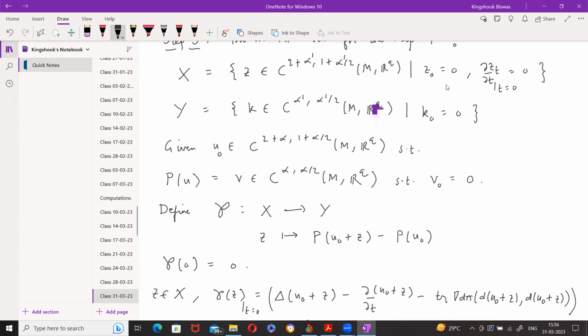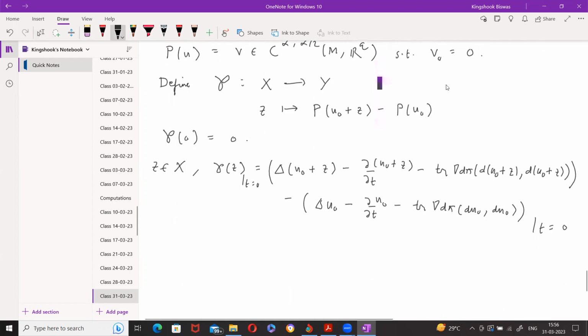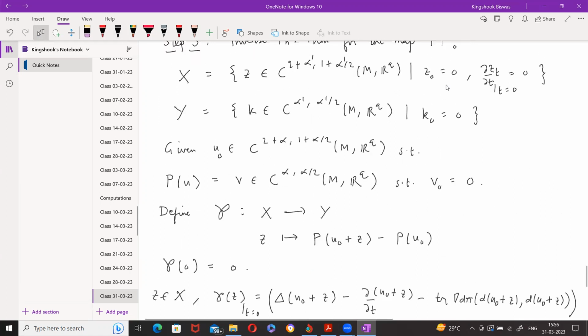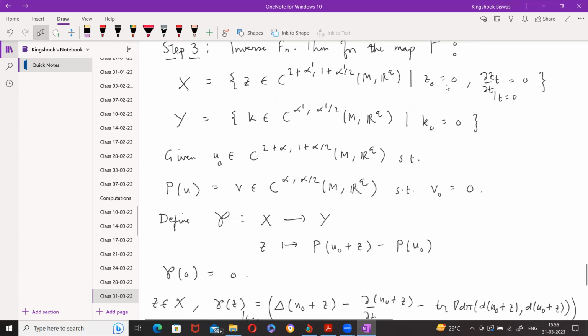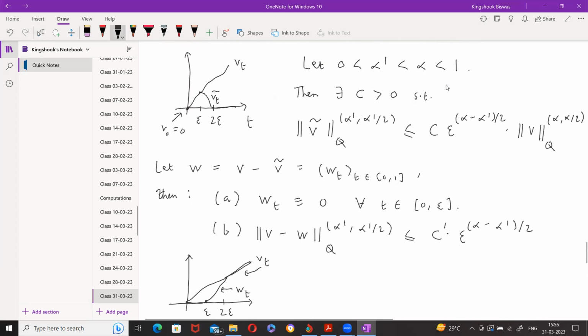The Laplacian of U naught will cancel, and also del T U naught will cancel. Del Z del T at time 0 is 0 by hypothesis, because I'm in the Banach space X. So where are we?